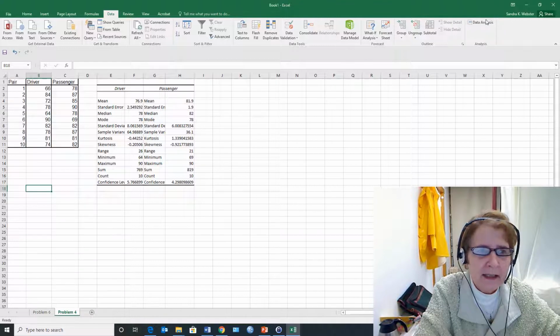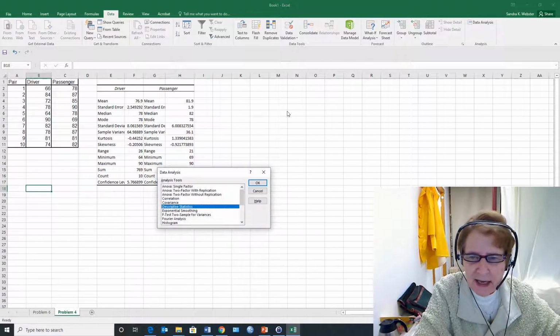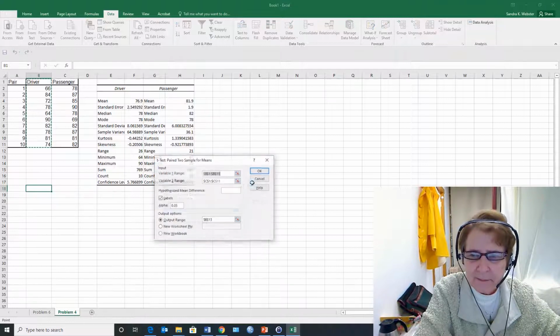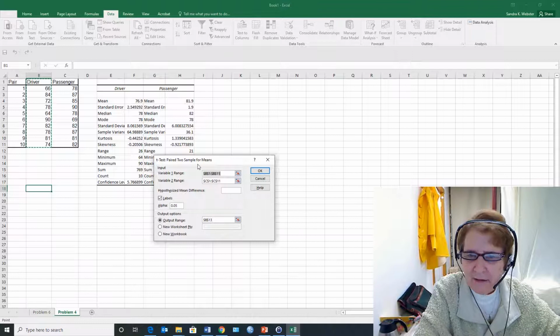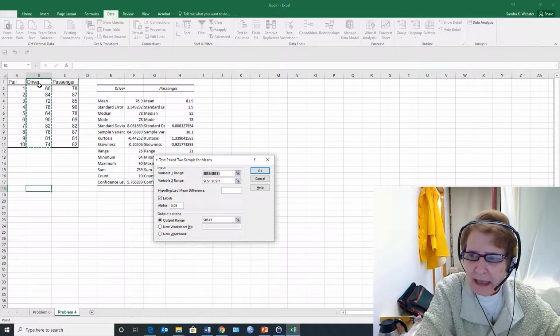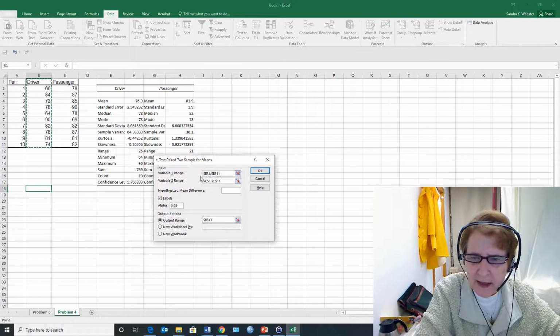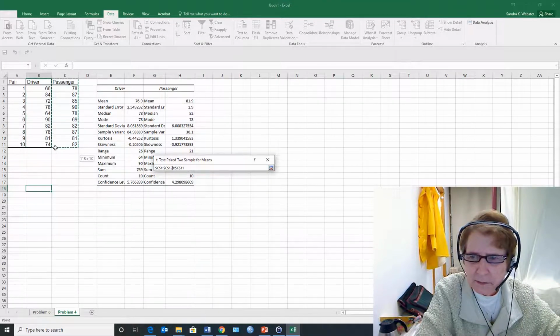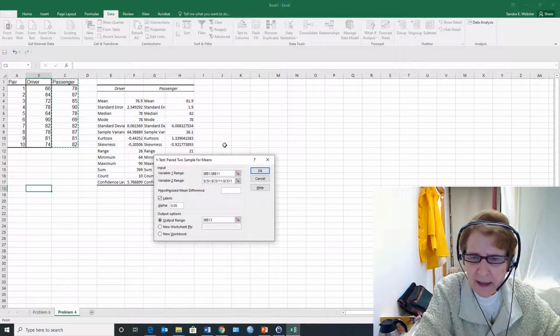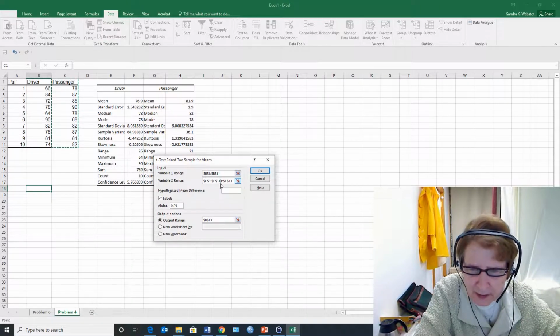and go back to data analysis. I move down the list alphabetically to the paired sample for two means. Okay. Now, I've done it before, but I'm going to highlight the driver, and I'm going to highlight the passenger. Uh-oh, I've got it in there twice. That will definitely cause problems.